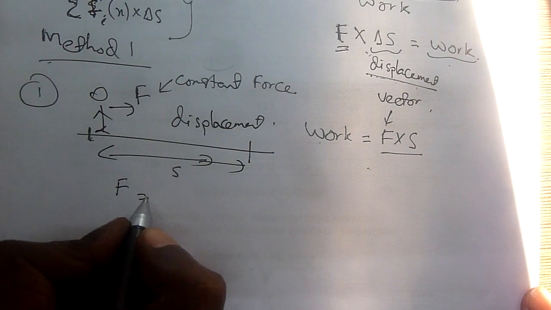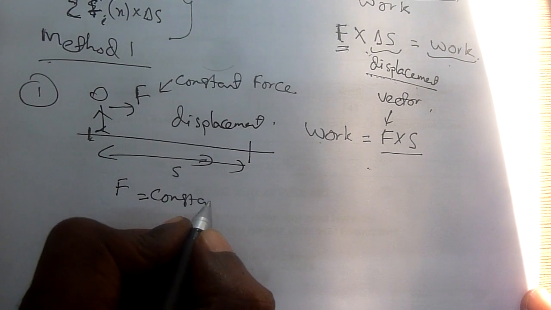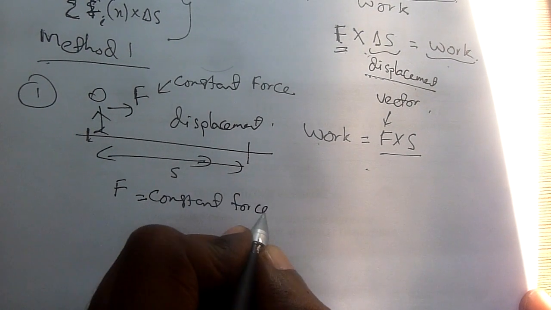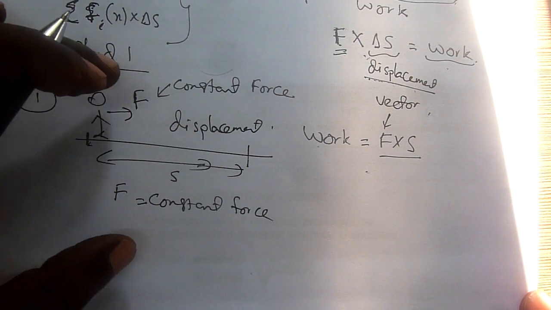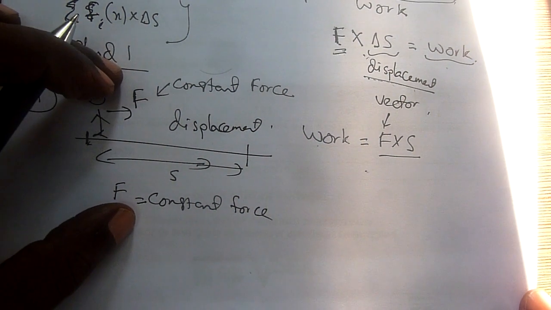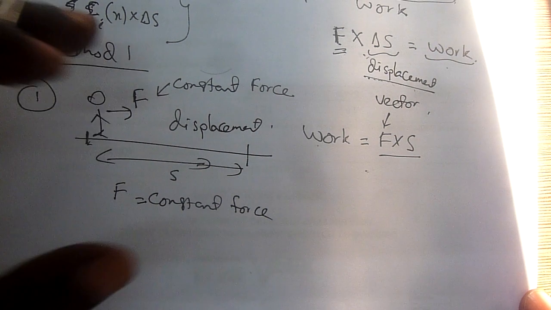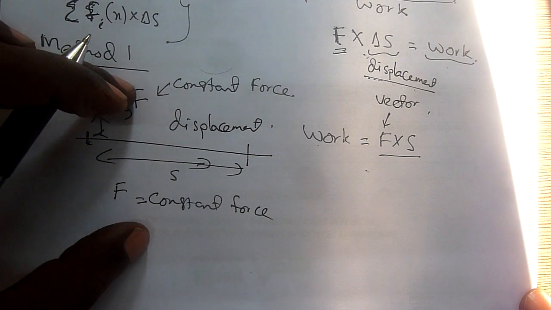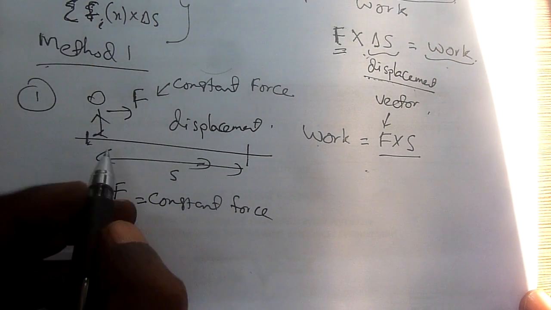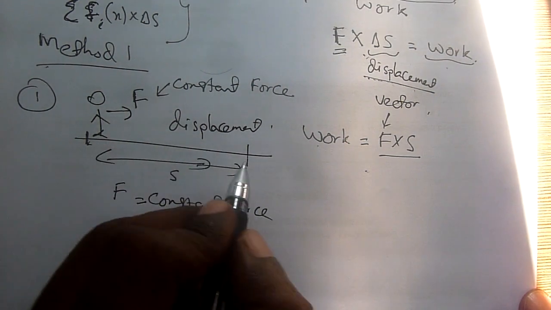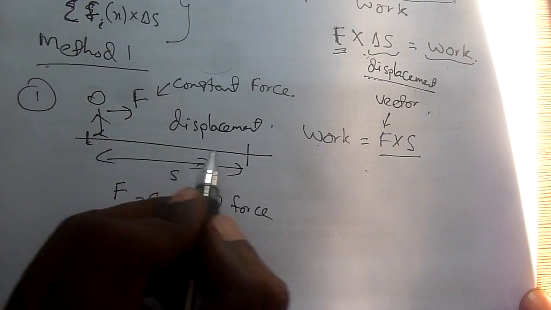F is a constant force. In this case we're going to see the constant force later. You already learned this in your form 5 and form 6, right? Any constant force. Later we are not going to use the constant force. We're going to use a dynamic force on this cable to calculate the work.